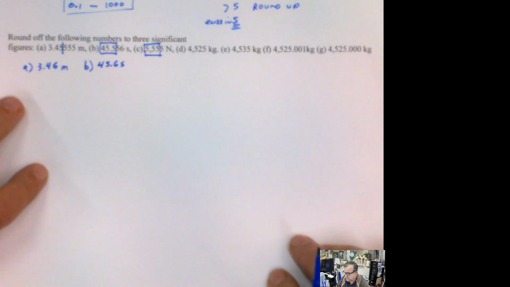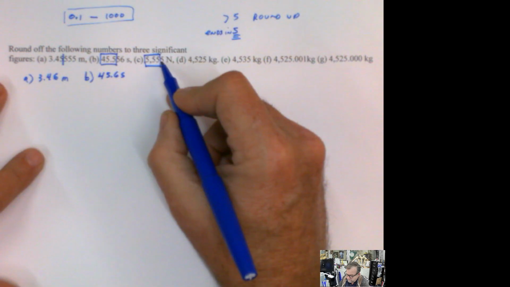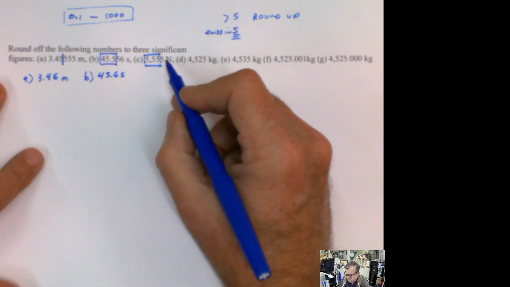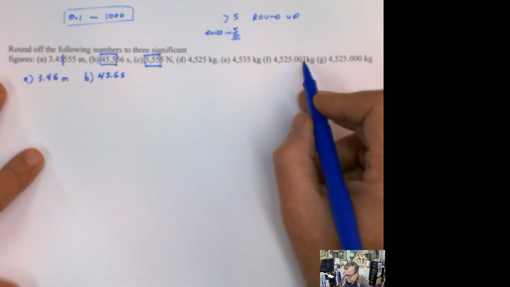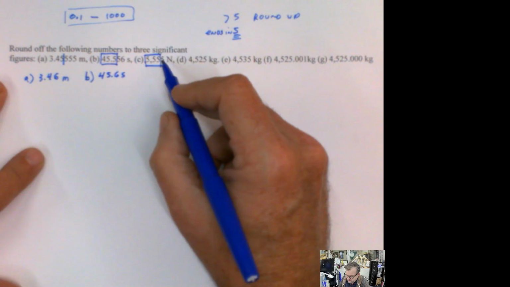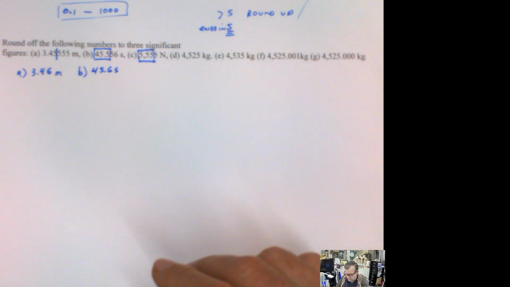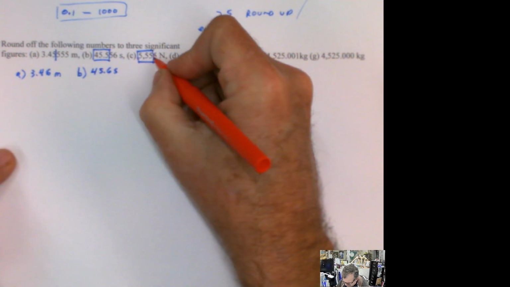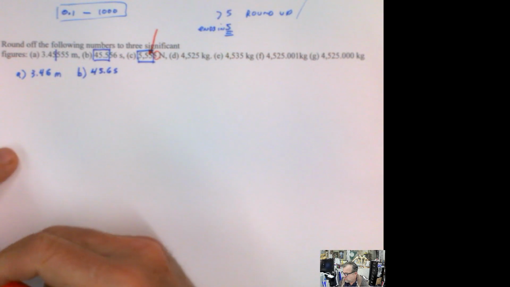If the number ends in 5 or 5 followed by all zeros, then you look at the number before the 5. Which one is the number before the 5? That number happens to be 5 as well.